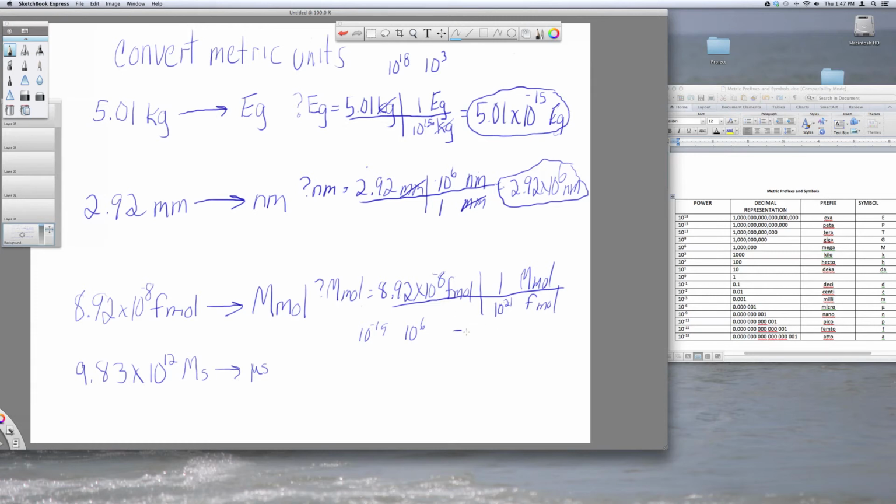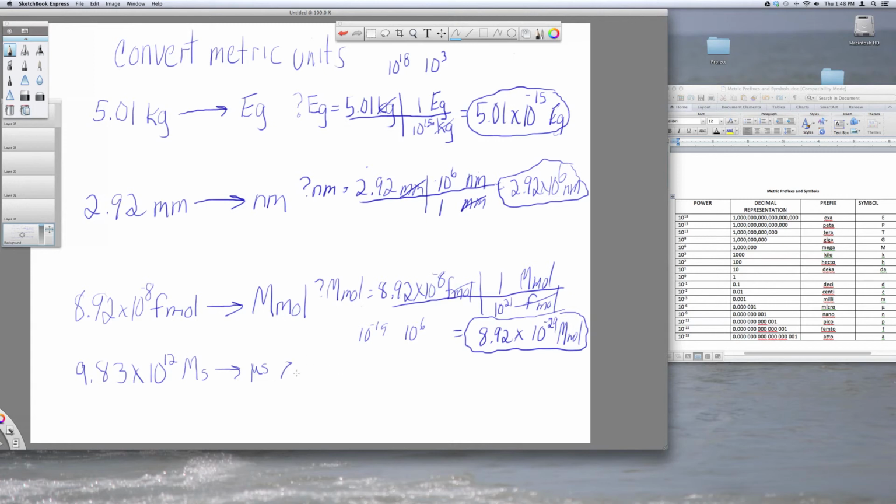And when we do that, we end up with 8.92 times 10 to the negative 29, an awfully small number, megamoles. Forgot to cancel out our femtos. There's our answer.